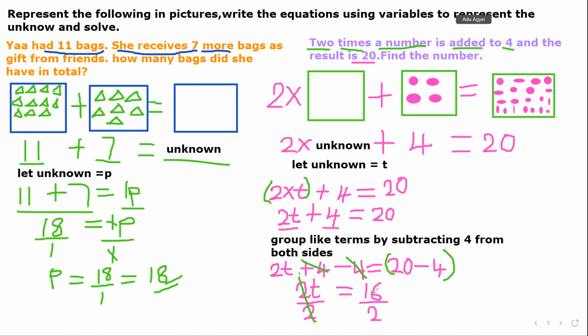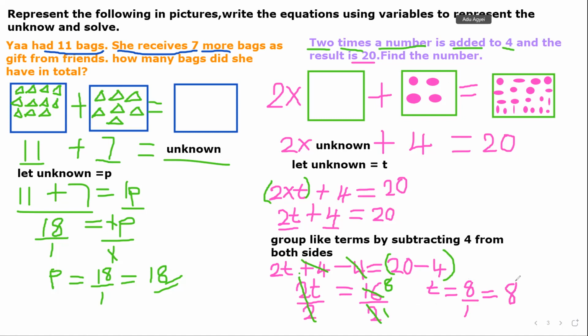The 2 can also cancel 16: 2 goes into 2 once, and 2 goes into 16 eight times. Therefore T is equal to 8 over 1, and 8 over 1 is the same as 8.